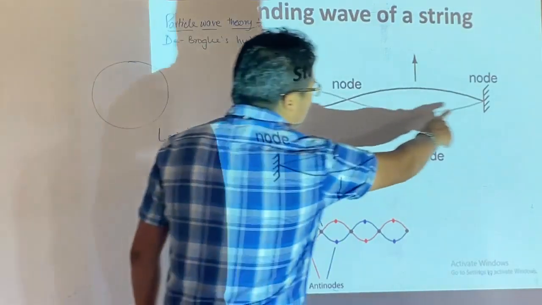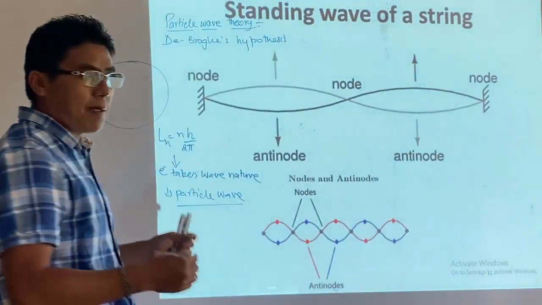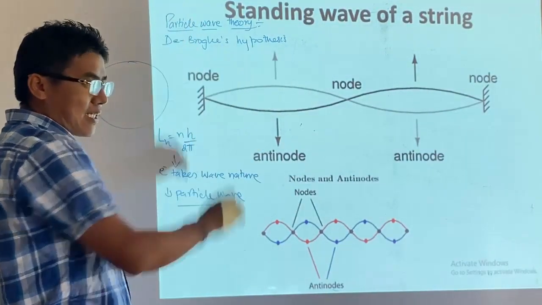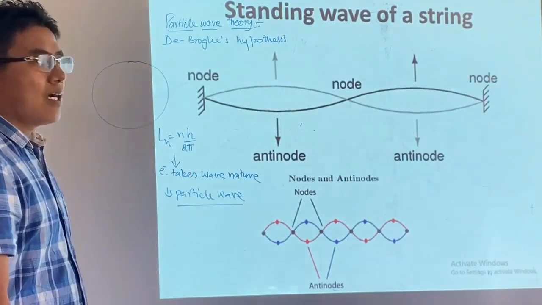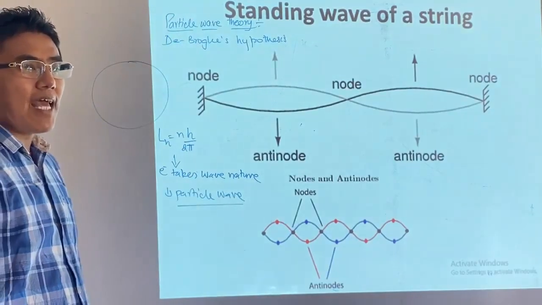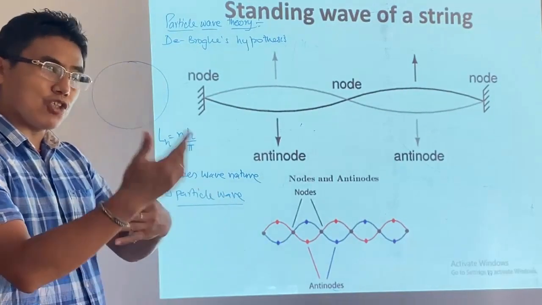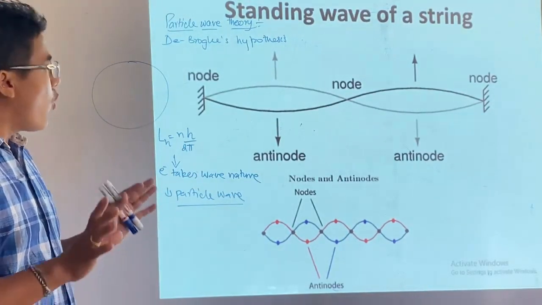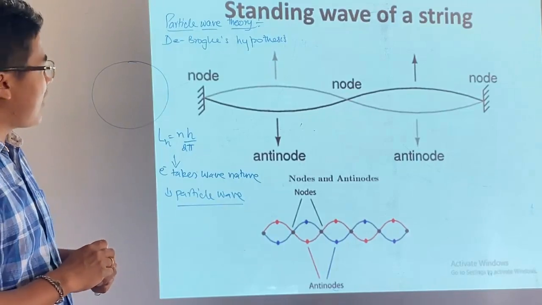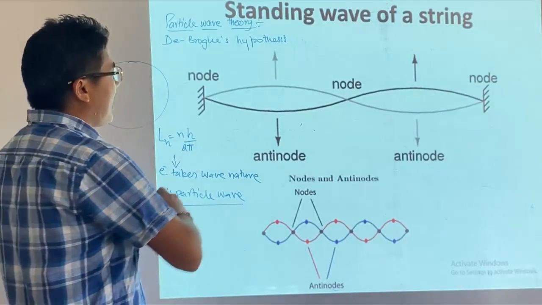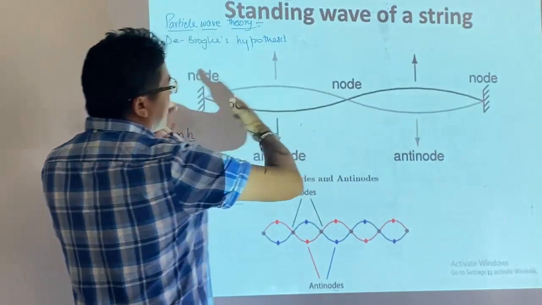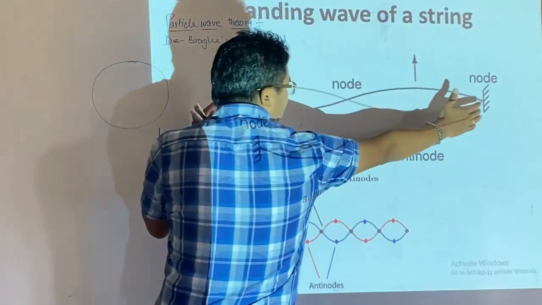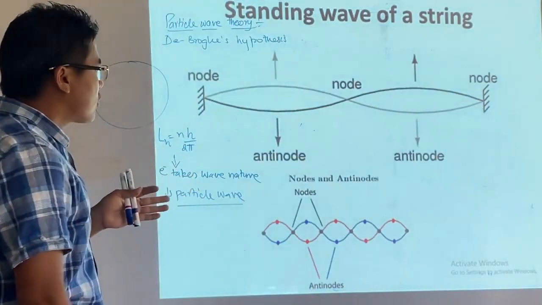These are the two rigid supports where the string is held. Then I pluck the string. Initially there can be so many waves, and they all cancel each other by superposition. Finally there will be a wave whose wavelength is an integral multiple of the string length.